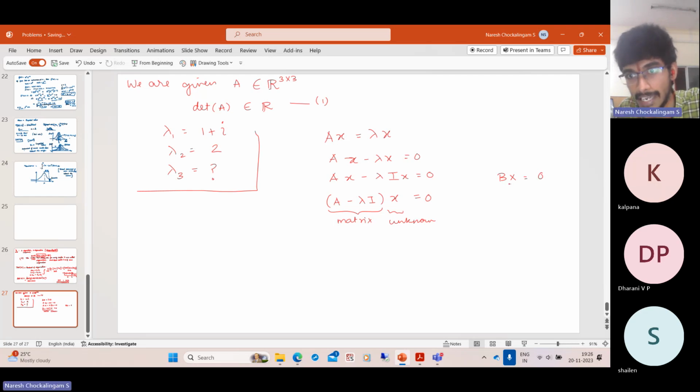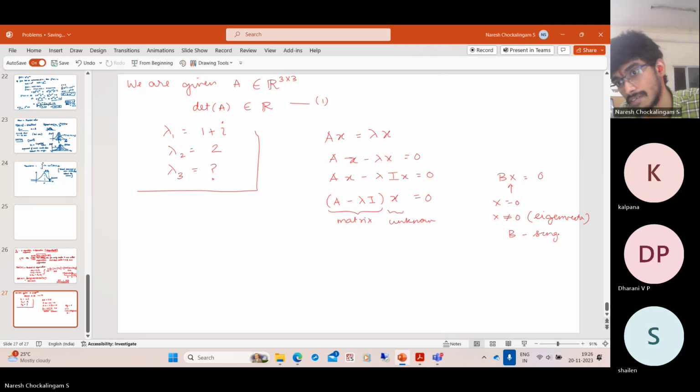It's like a system of linear equations. So x equal to 0 is a solution. If you're looking for x not equal to 0, which is an eigenvector, then B must be singular. So what is a singular matrix? Then the determinant of A minus lambda I should be equal to 0.